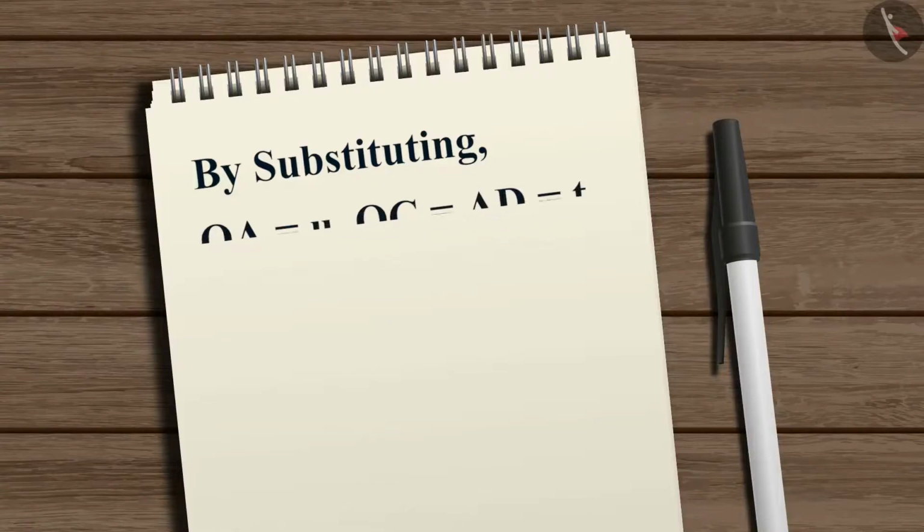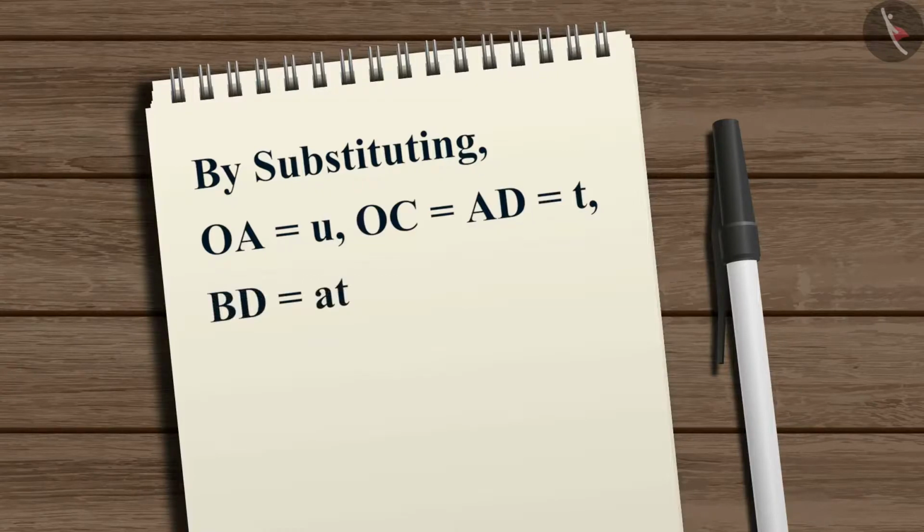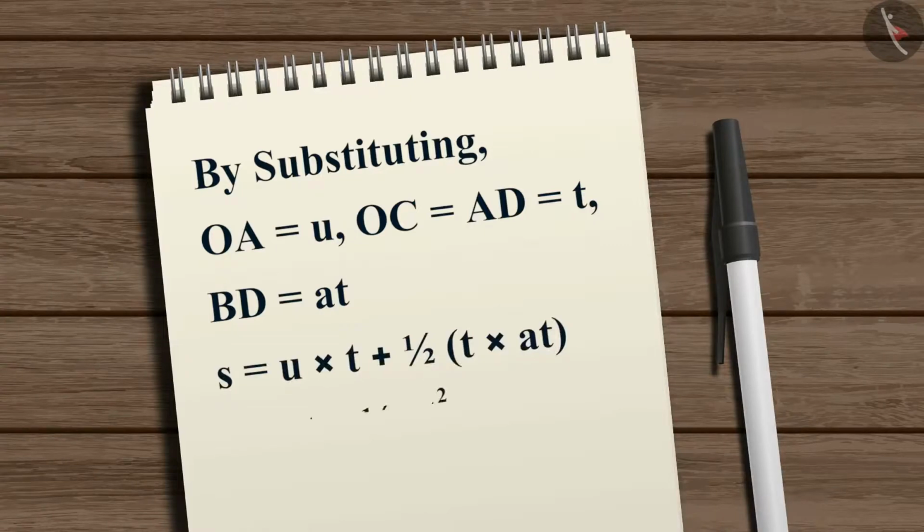By substituting OA = u, OC = AD = t and BD = at, we get s = u × t + 1/2 × t × at, which is equal to ut + 1/2 at².